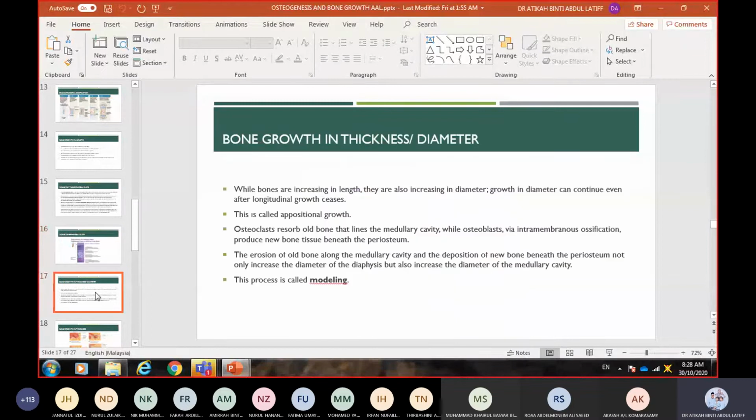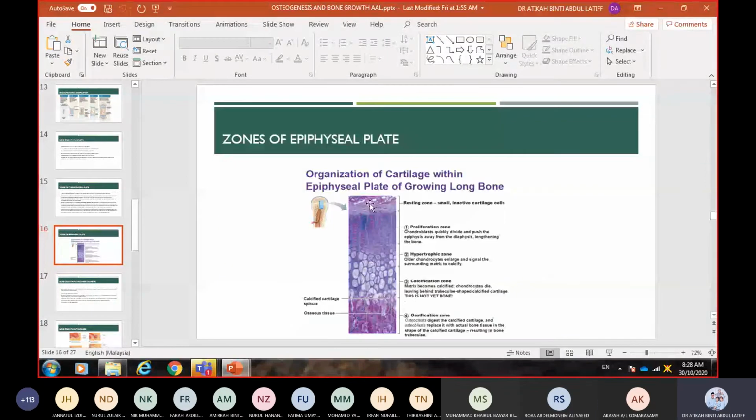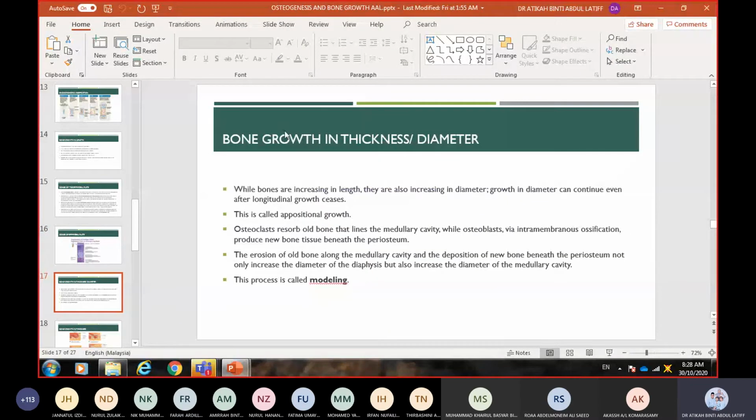So how does bone grow in thickness or diameter? This is how it grows in length, by having the epiphyseal plate and chondroblasts eventually being replaced by bone tissue. So how does it grow in thickness or diameter?